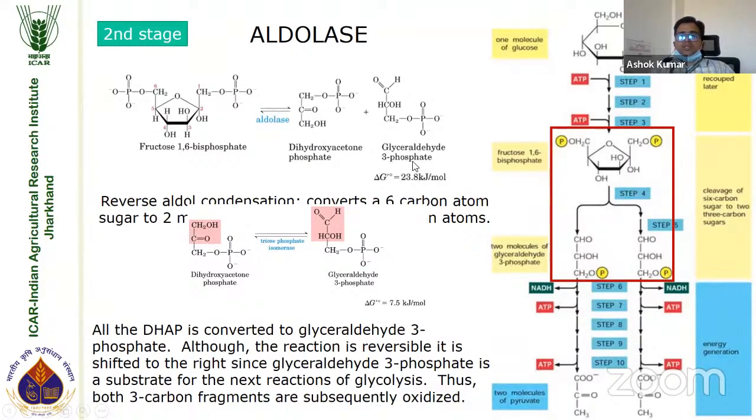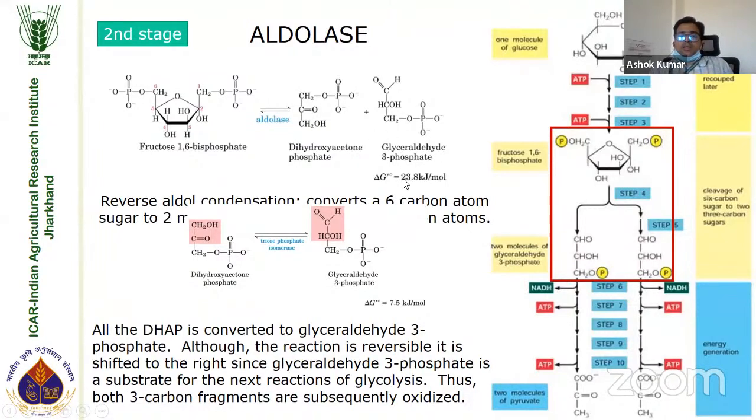So dihydroxyacetone phosphate and glyceraldehyde 3-phosphate, we call it DHAP and glyceraldehyde 3-phosphate. DHAP has several utilities. Even glyceraldehyde 3-phosphate has several effects in biochemical metabolism. Glyceraldehyde 3-phosphate, in the presence of a dehydrogenase, will be set into the further glycolytic process.